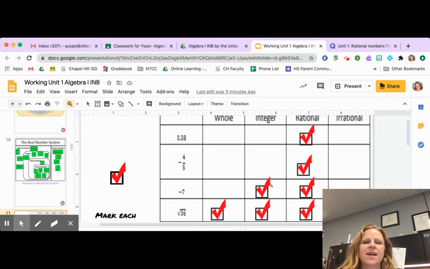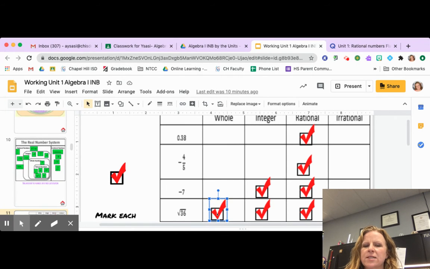So negative 7 is an integer and it's rational. Square root of 36 is 6. Actually, let me take this off. It is 6 and negative 6. So it's an integer, it's rational. It's actually only 6 is whole.